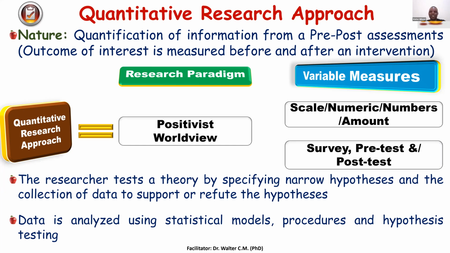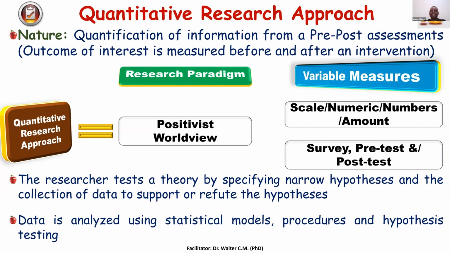The aim and end point of employing the quantitative research approach is to measure variables, to measure the information. And how do we measure the information? The standard unit of measuring information under the quantitative research approach is through scale, numeric, or amounts, so that you get the quantity.